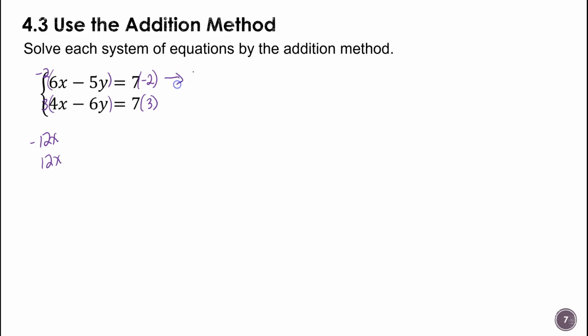So let's rewrite. I have negative 12x plus 10y equals negative 14. And then on the second equation, I have 12x minus 18y equals 21. Then I add these equations together.